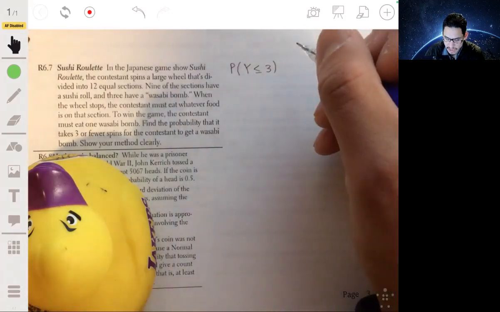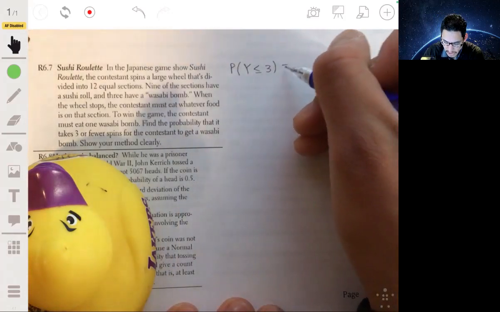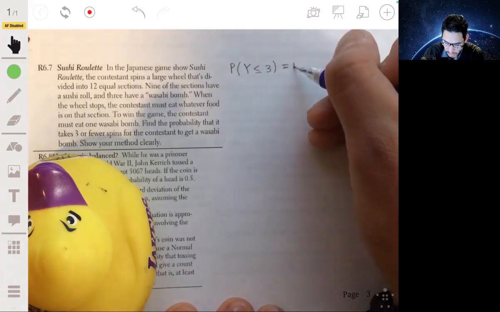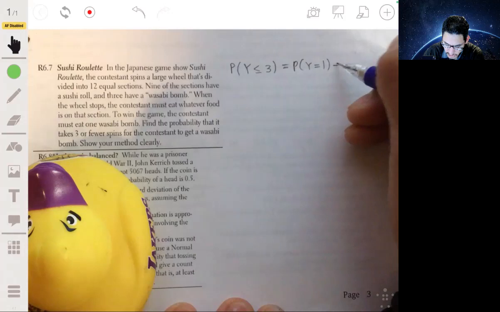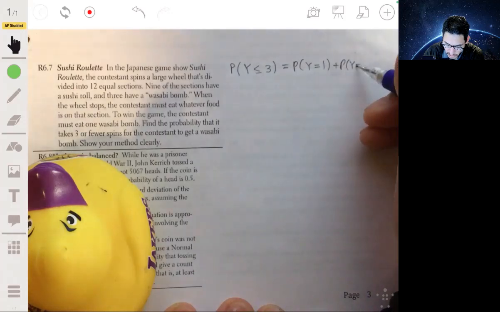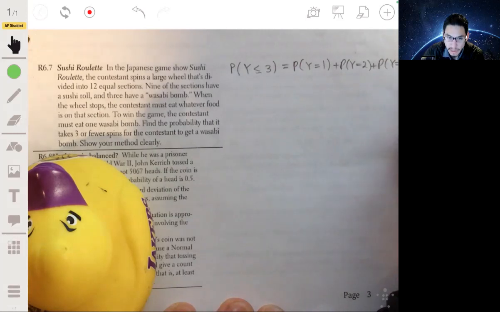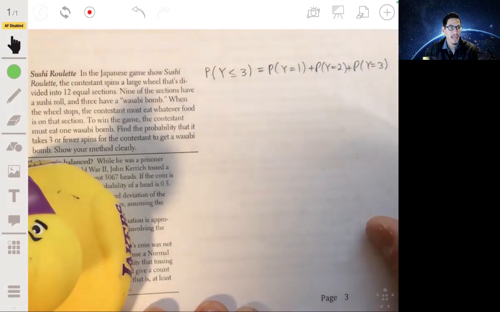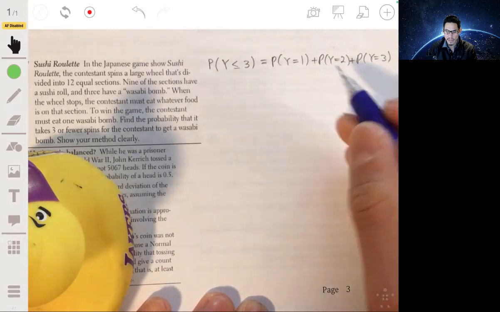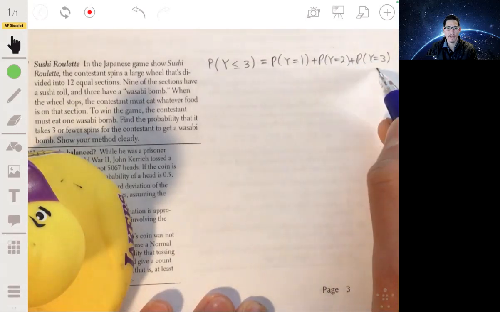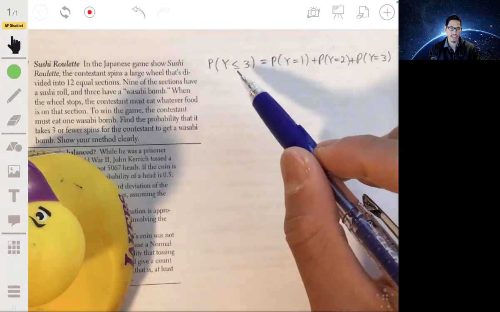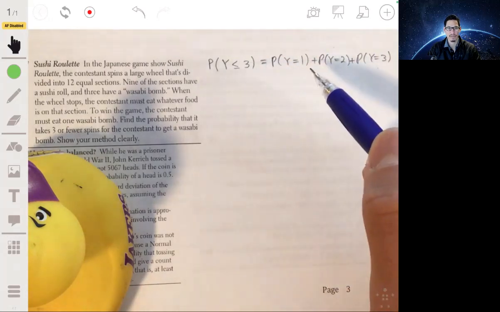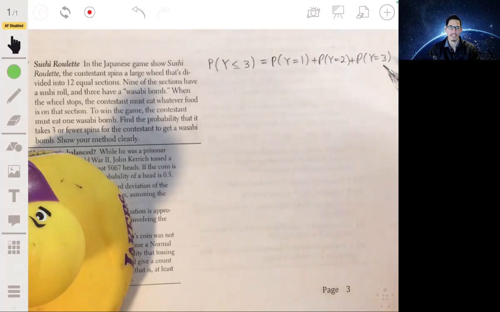So the probability that y is less than or equal to 3 is going to be equal to the probability that y equals 1 plus the probability that y equals 2 plus the probability that y equals 3. And that's simply because these 3 situations will satisfy y being less than or equal to 3, because 1 is less than or equal to 3, 2 is less than or equal to 3, and 3 is less than or equal to 3.